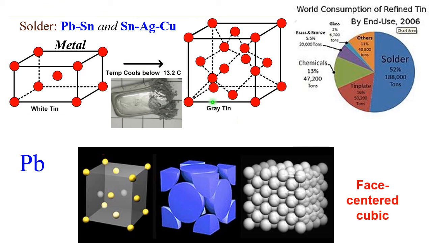An interesting transition occurs with tin at around 13 degrees Celsius, when the metal becomes crumbly, the so-called tin pest or tin plague. Metal becomes non-metal. Tin becomes diamond-like, non-metallic, similar to silicon and germanium.